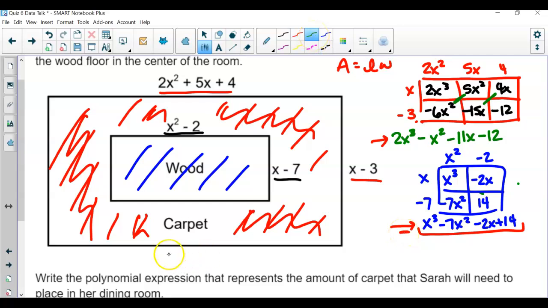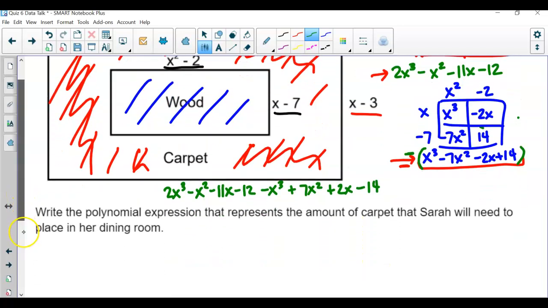So I've got 2x cubed minus x squared minus 11x minus 12. Then minus x cubed, now plus 7x squared, because remember here, right, we're subtracting this polynomial, that's the wood part, plus 2x minus 14. Then combine your like terms.